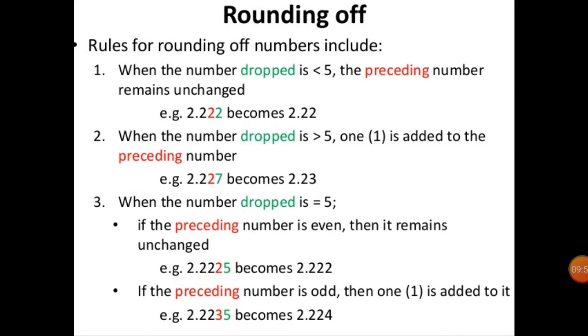The second rule: if the preceding number is odd, then 1 is added to it. For example, 2.2235, and we are dropping 5, then the number becomes 2.224. So these are the three topics which we studied today: significant figures, scientific notation, and rounding off.